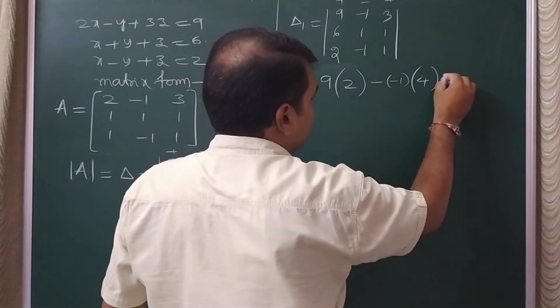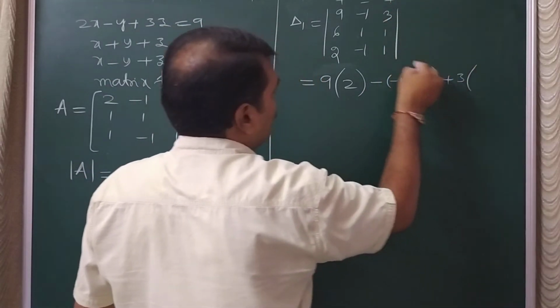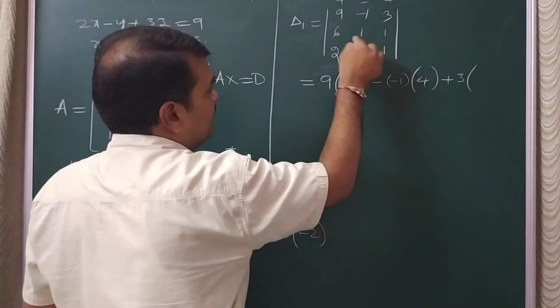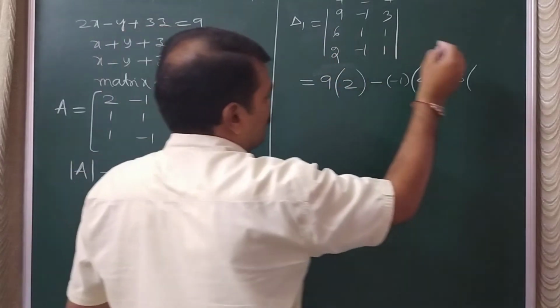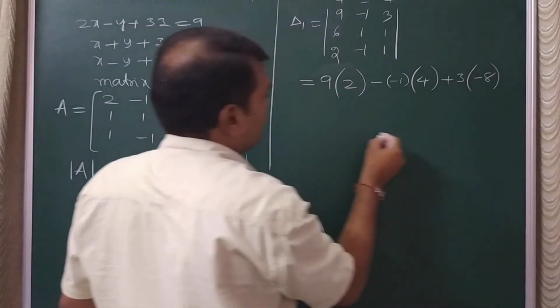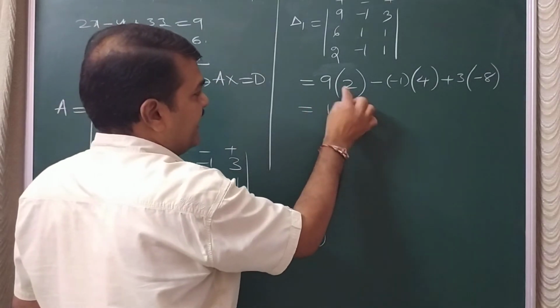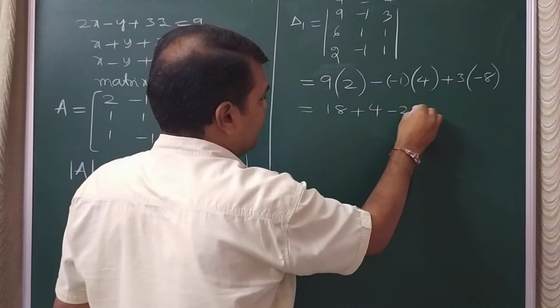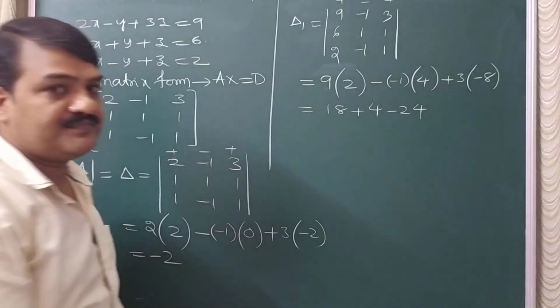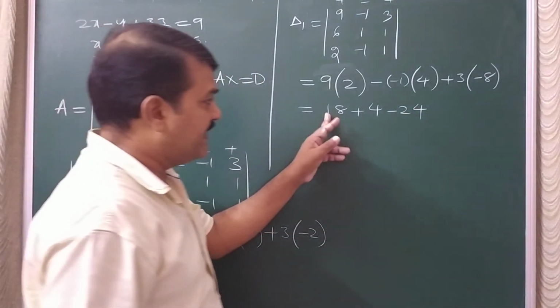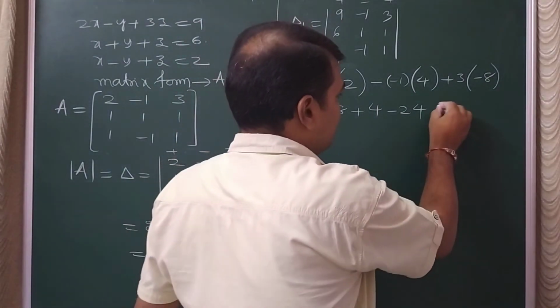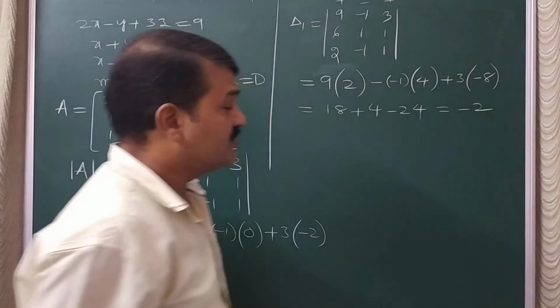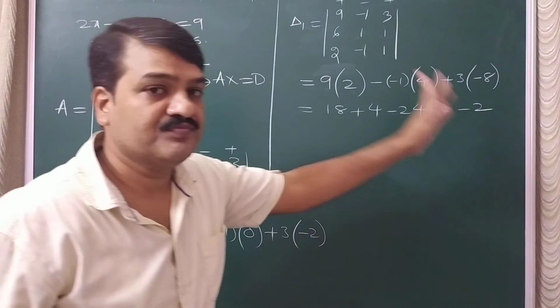Next element plus sign is there, so plus 3 into, remove this row, this column, minus 6, minus 2. So therefore you are going to get 18 plus 4 minus 24. So it is nothing but 22 minus 24, that is minus 2. So this is the delta 1 value.